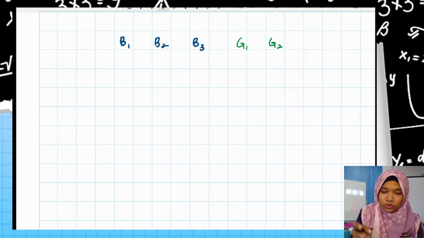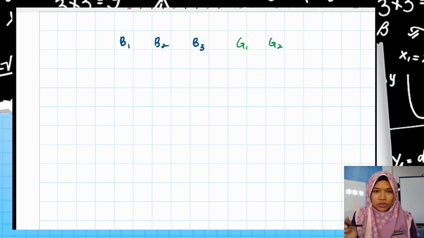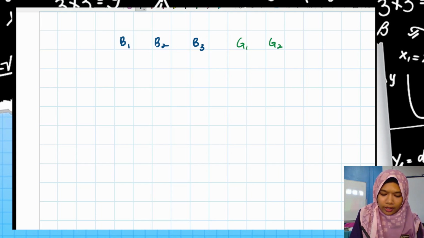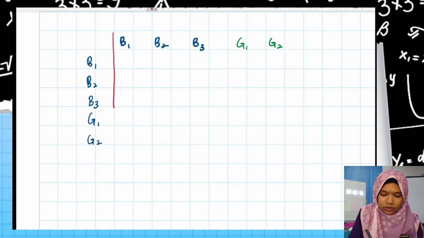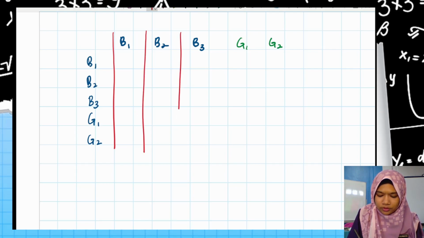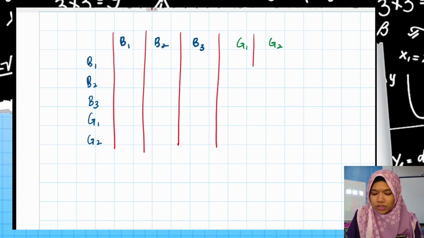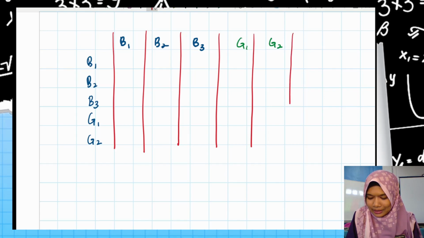Okay, so this one, the rows are B1, B2, B3, G1, G2, and then you have the columns B1, B2, B3, G1, G2. So you make it as a table. Sorry, tulisan cikgu memang tak berapa nak cantik.